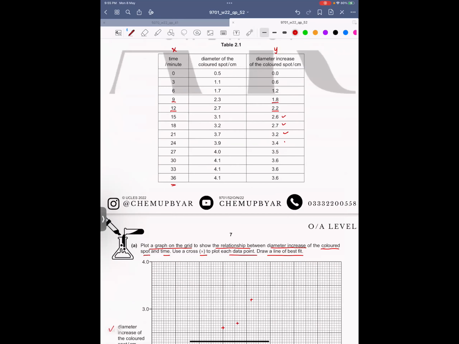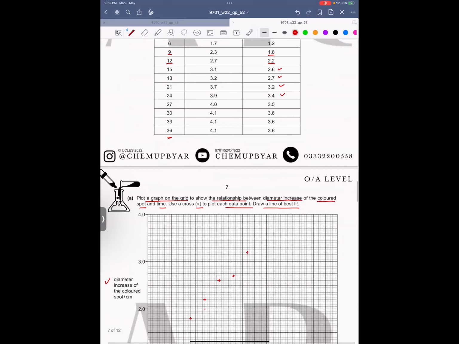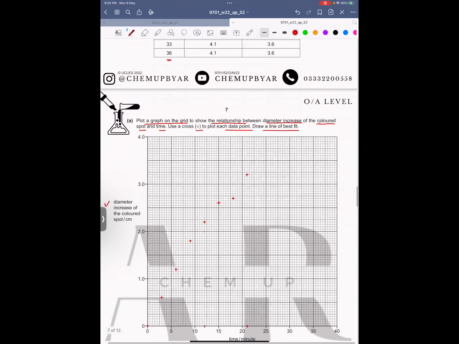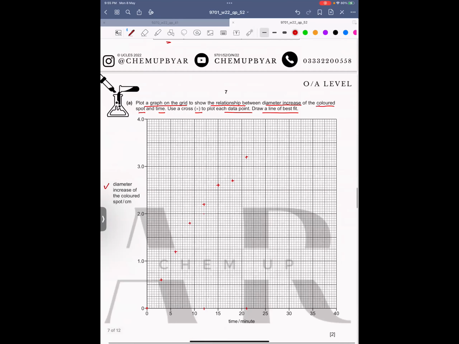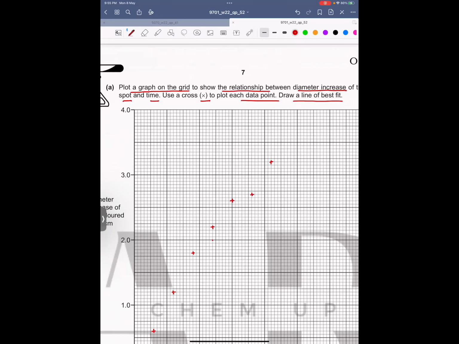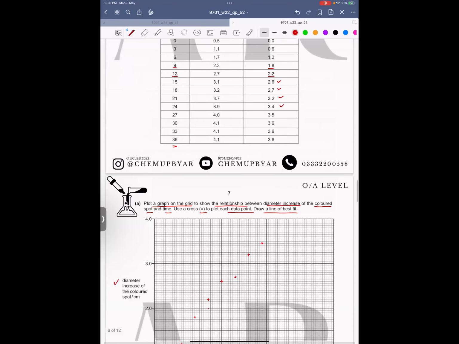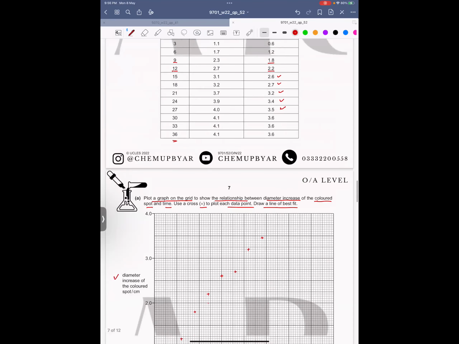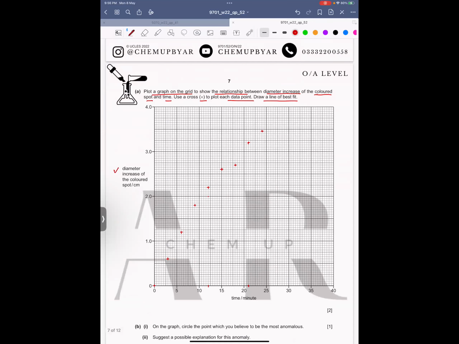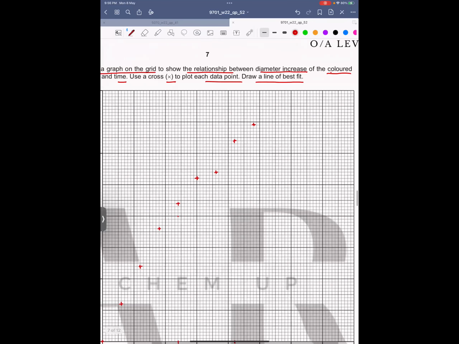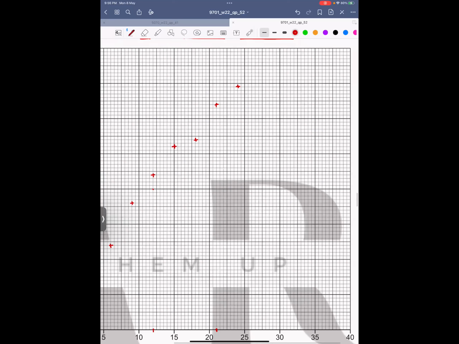Then 24, 3.4. So 24 and 3.4 would be this one. Then 27, 3.5.